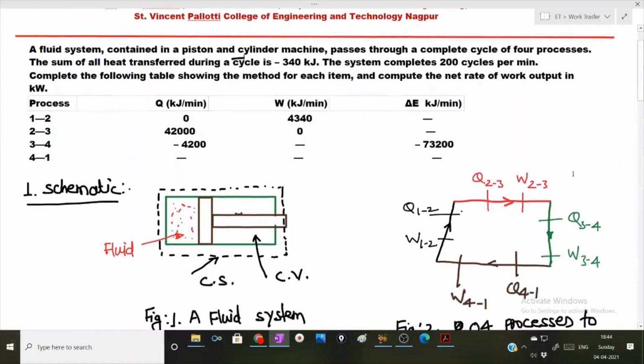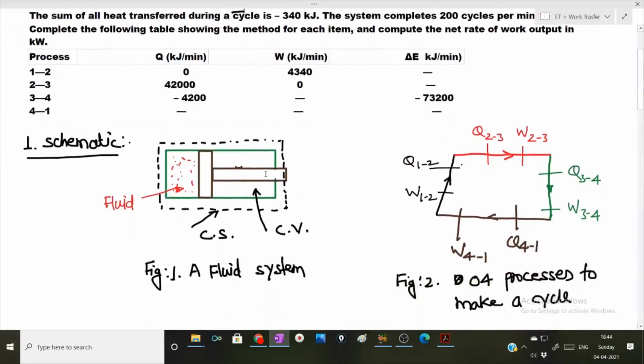So to solve the problem, let us first draw the schematic. As it is shown in figure 1, there is a fluid system comprising a piston cylinder containing a known mass of fluid. Its control volume and control surface are shown as follows. This fluid system executes a cycle by undergoing 4 different processes.